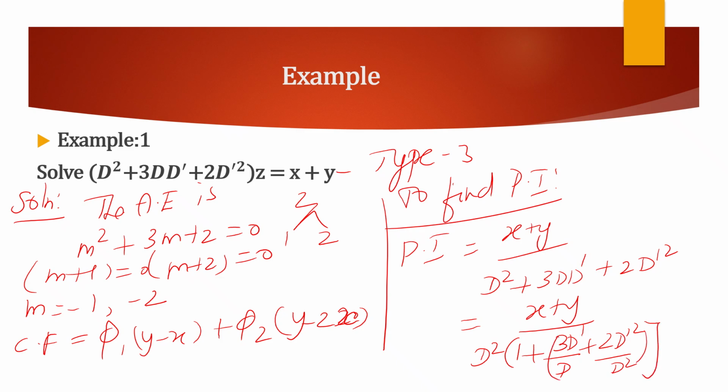So now I can take this to the numerator, that is my particular integral is 1 by d square times 1 plus 3 d dash by d plus 2 d dash square by d square, this is what my x term, the whole inverse of x plus y.